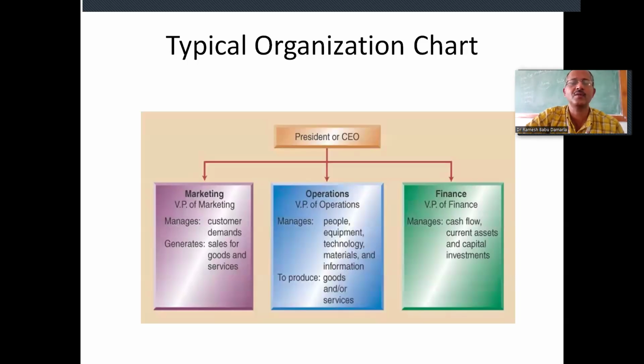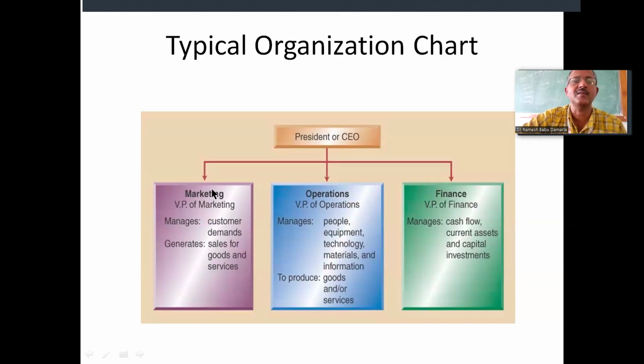Let us have a look at how a typical manufacturing organization is linked with other functions. In a company, you can see the operations are handled by the general manager, vice president, or any rank officer who manages people, equipment, technology, materials, and information to produce goods and or services, which is linked with marketing.